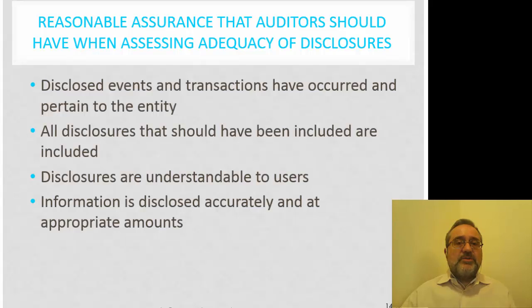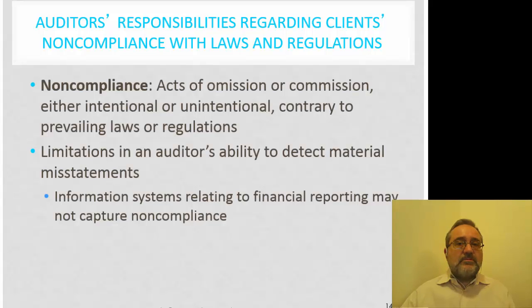Disclosures represent events and transactions that have occurred. All disclosures that should have been included should be there, have been included in the financial statements, that they're understandable, and that the information and amounts are accurate.